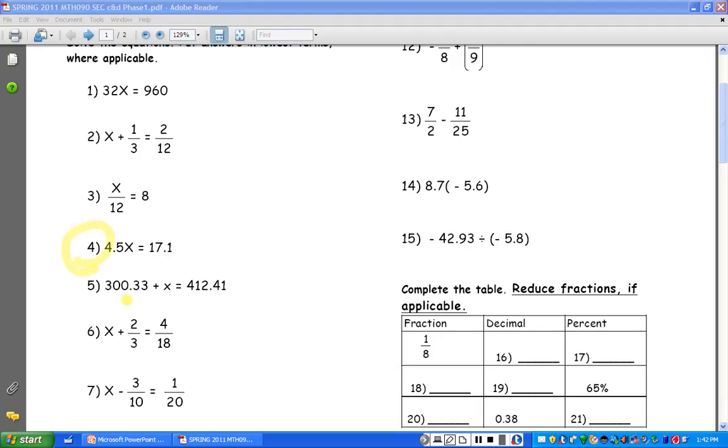Number 4, 4.5x equals 17.1. Now, we have 4.5x. That means multiplication. 4.5 times x.